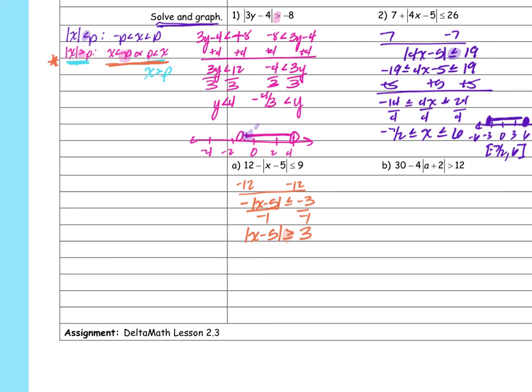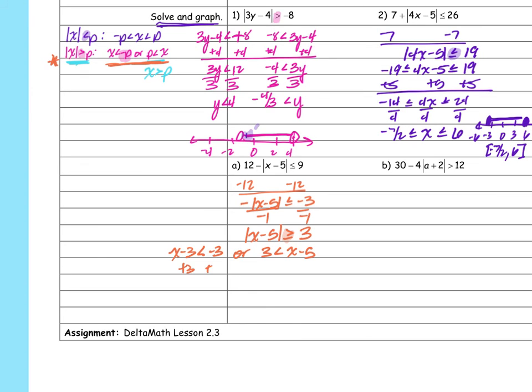My p is going to be 3 and my x is x minus 5. So I'm going to write two different equations. So I've got x minus 5 is less than negative p, or p, which is 3, is less than x minus 5.